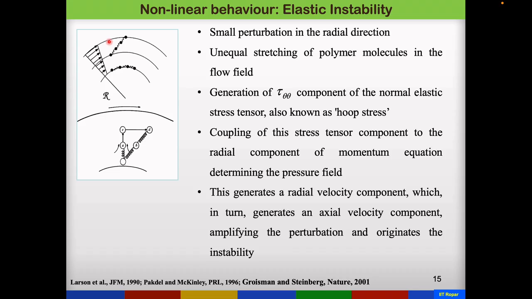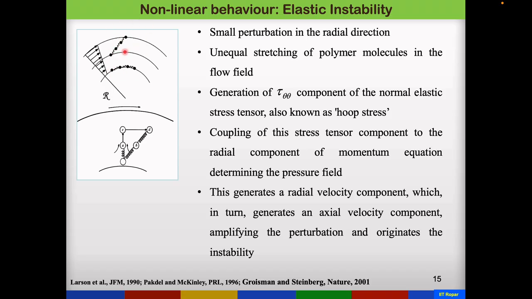If there is a velocity field generated in the radial direction, then to obey the mass conservation principle there will also be a velocity field generated in the axial direction. So there will be an amplification of perturbation as a result. That's why ultimately we will have an instability generated within this system.